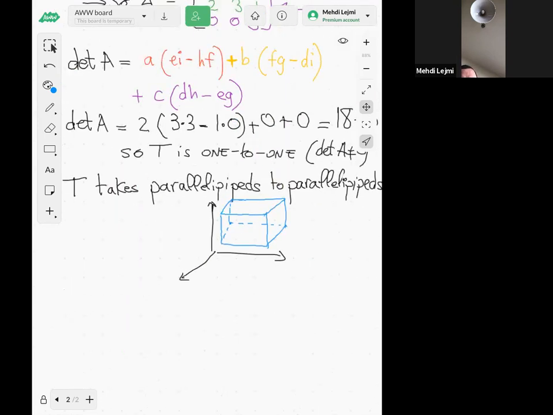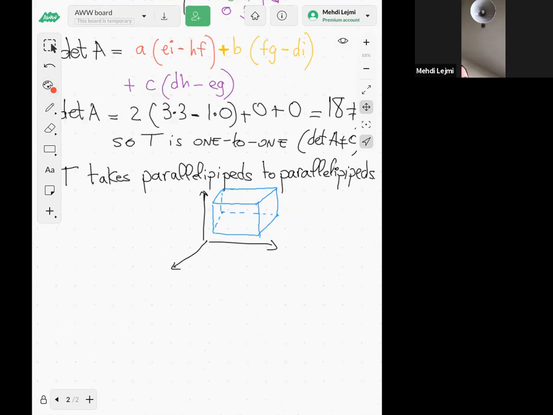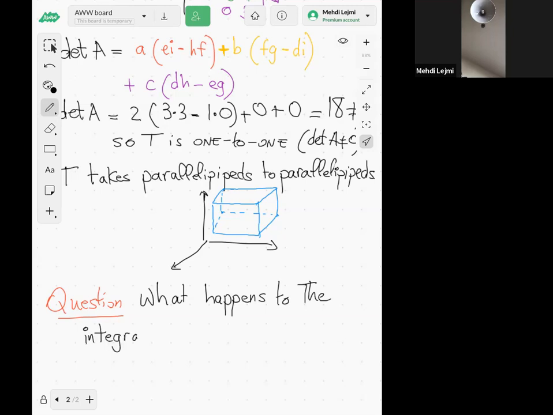So the big question we're going to try to answer is, what happens to the integrals when we apply, or when we transform, the coordinates, or when we change the coordinates.